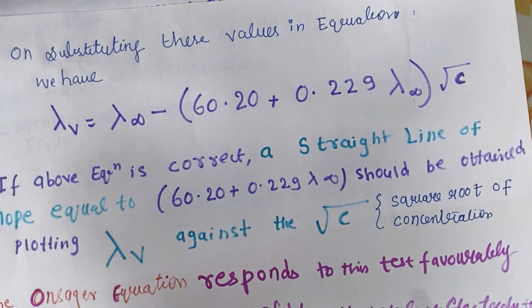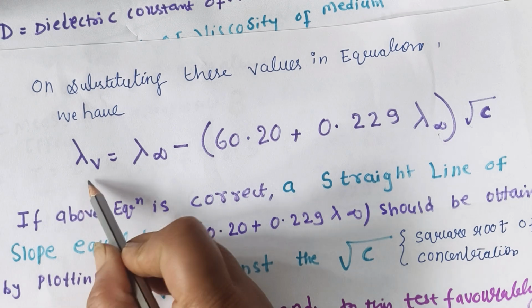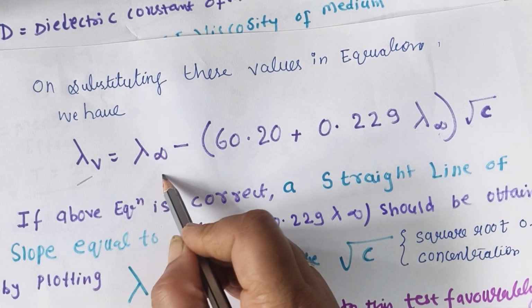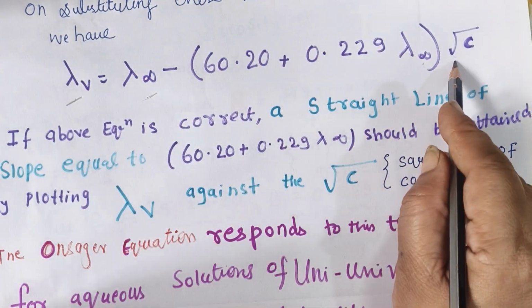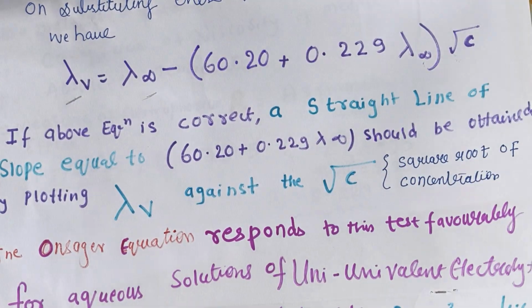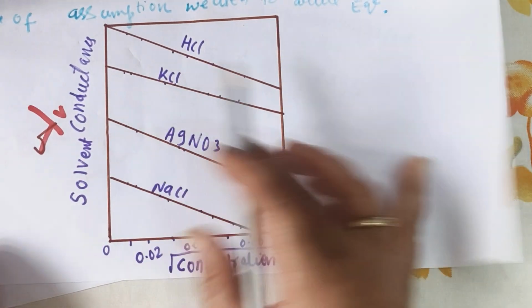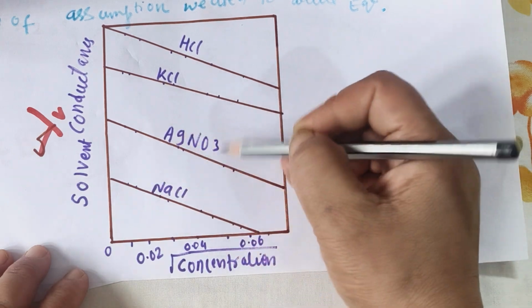Means when we put these values and plot a graph against lambda v. What is lambda v? It is the equivalent conductivity at v dilution, and lambda infinity is the equivalent conductivity at infinite dilution. So if we plot lambda v against the concentration, you should get a straight line. Okay, so this graph is here. When we plot it between lambda v and the concentration, we should get a straight line.